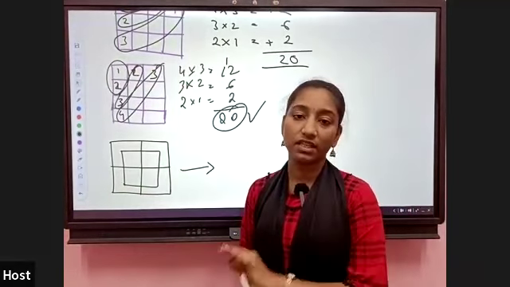Previously we discussed that when a square has a plus inside it, the value is 5. Here, how many squares are there like that? In the square there is a plus symbol, and in the other big square there is also a plus symbol.